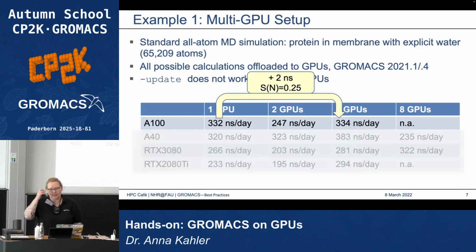We're going to do this in the hands-on sessions, and I have some formulas for you. In the case of the A100 and this standard simulation, the gain in actual performance was 2 nanoseconds if we put it on 4 GPUs compared to 1 GPU, and the parallel efficiency is 0.25.